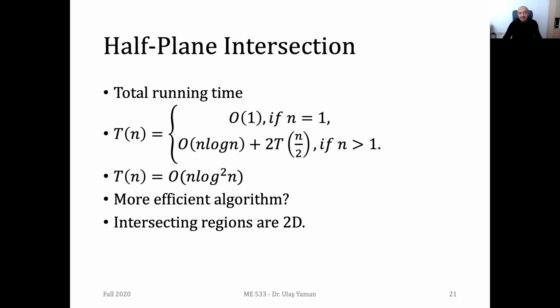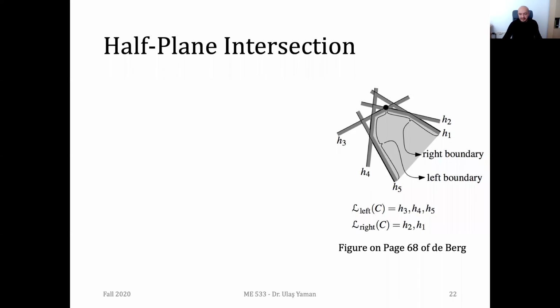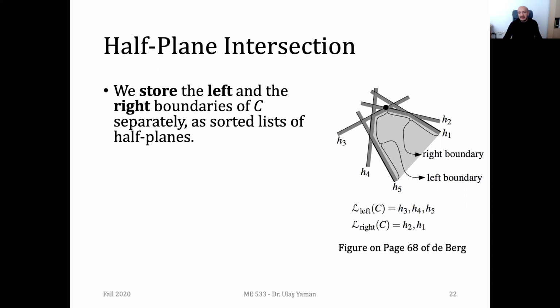And we know that the intersection regions are always 2D, right? You see here, we have C1 and C2, and this is the whole intersection convex region, and it has left boundaries and right boundaries. You see that these are the half planes defined starting from H1 to H5.